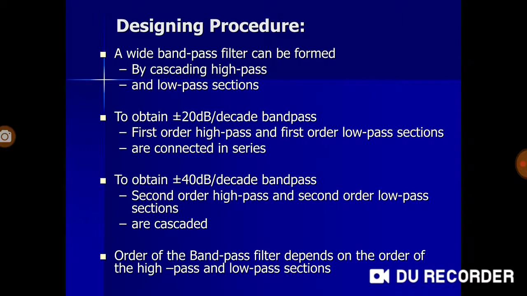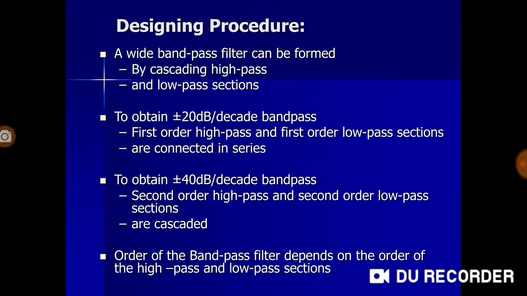If we cascade a high pass filter and a low pass filter section, then we obtain a wide band pass filter. Since FH is greater than FL, the high pass filter has to be placed first, and then it is subjected to the low pass filter. So the placement is important.